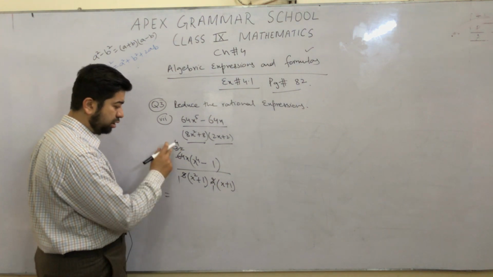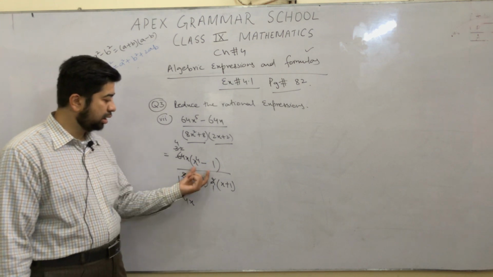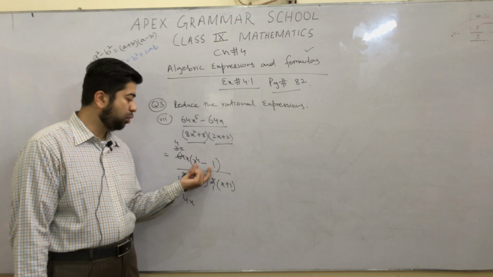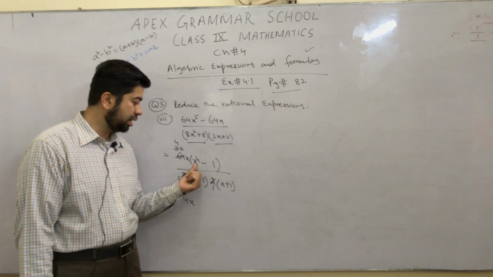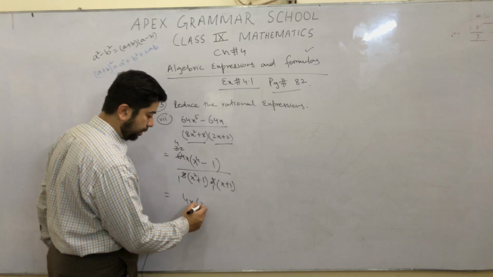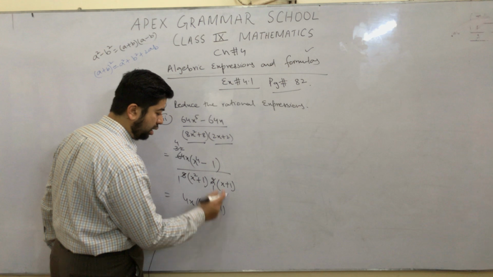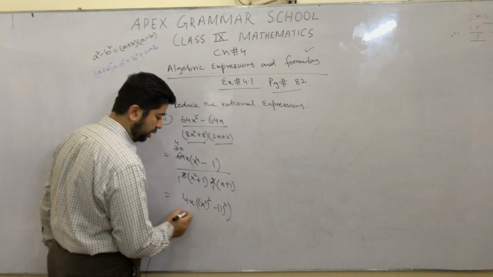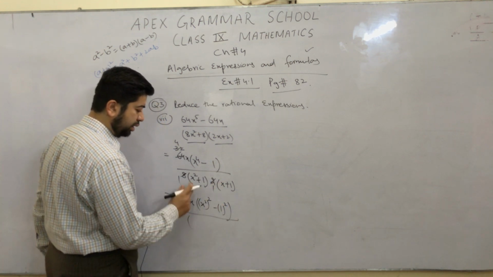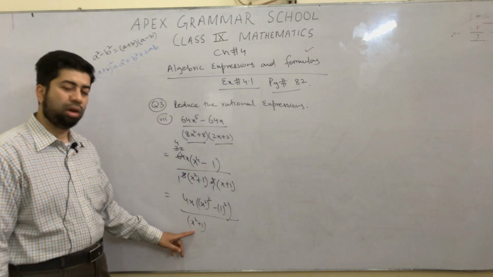So which thing remains in the numerator? 4x. And can you write it now in the form of a formula? Yes, this is x raised to power 4, that is x square of square, minus 1, you can write 1 square. And in the denominator you can see x square plus 1. This is not a formula.